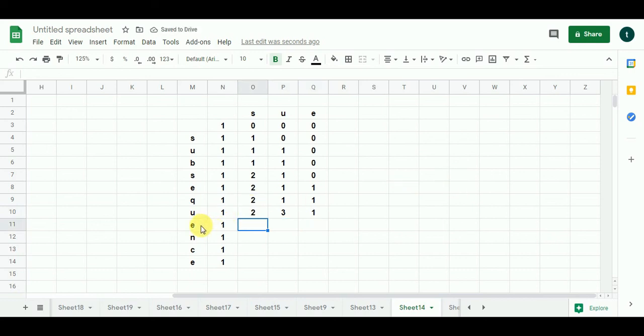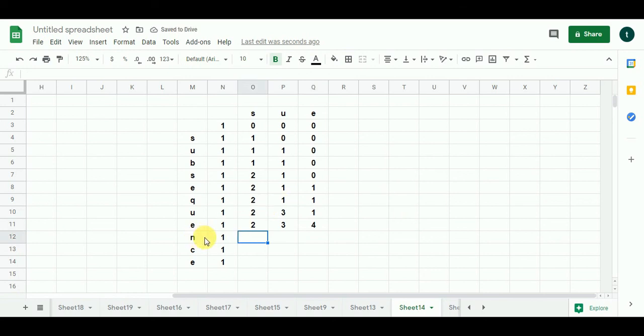Over here E doesn't match with S, so I'm going to get 2. Now over here E doesn't match with U, so I'm going to get 3 from the top. Alright, now here E matches with E, so this cell's value is going to be the summation of this 3 and this 1. So I'll be getting 4, which is 3 plus 1.